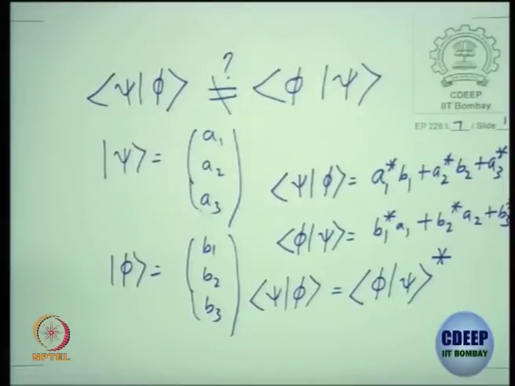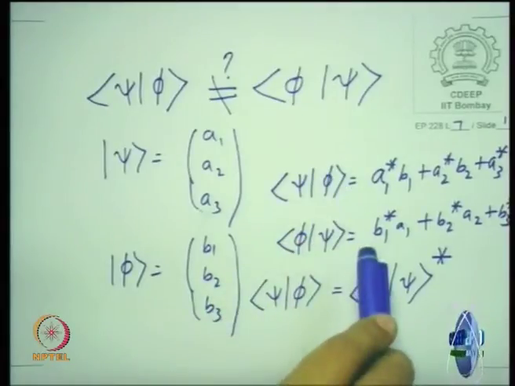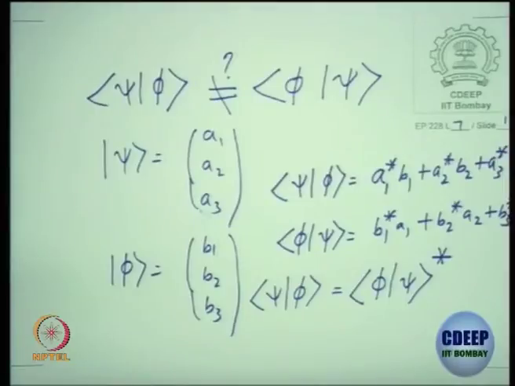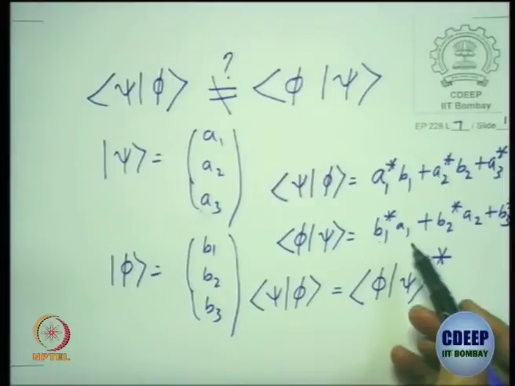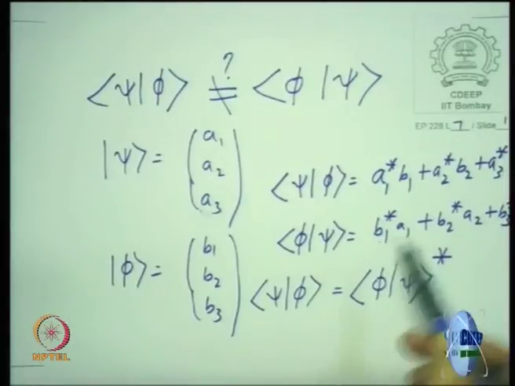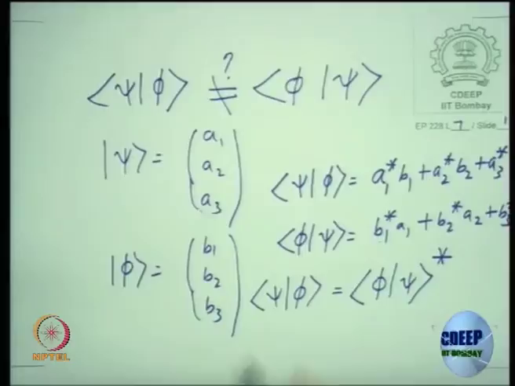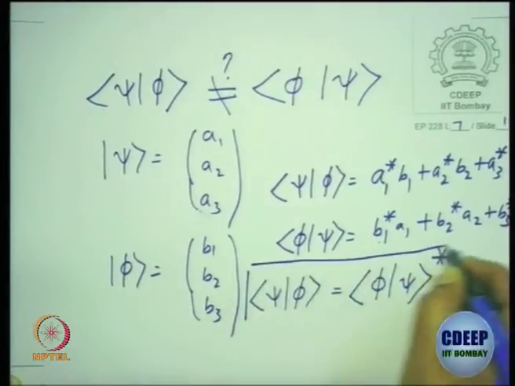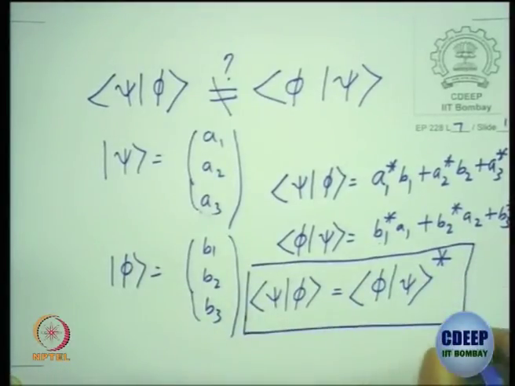is phi psi, complex conjugated. You take the inner product and complex conjugate it. The complex conjugate of this will give me this, right? This ordering is unimportant. Calling it B1 star A1 is the same as A1 B1 star. The star of that is the same as this one. So this is a property in a general complex vector space.